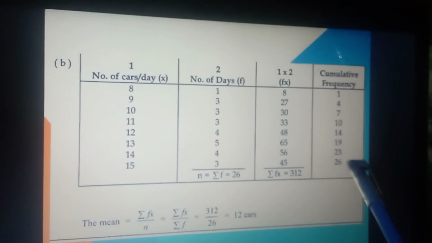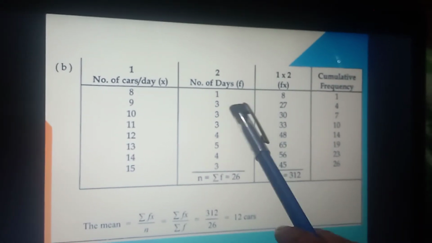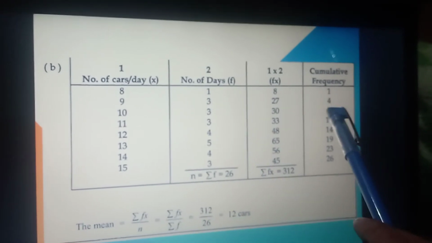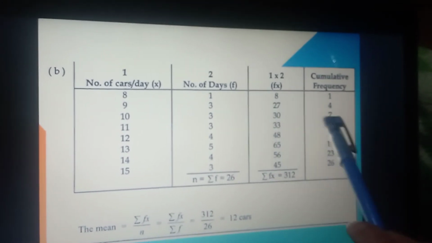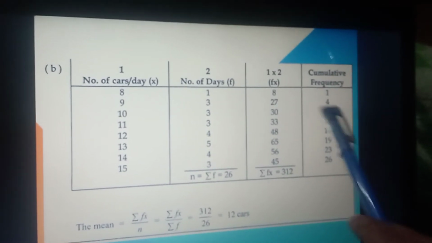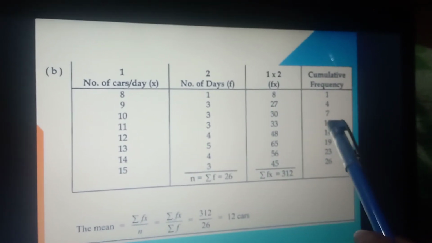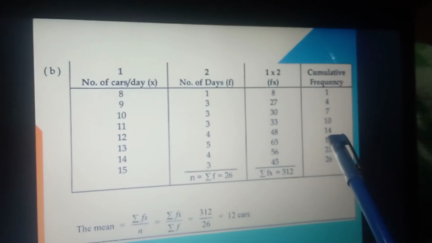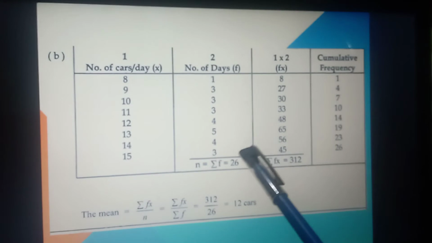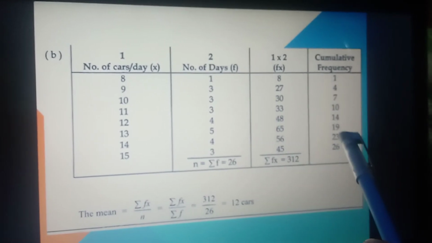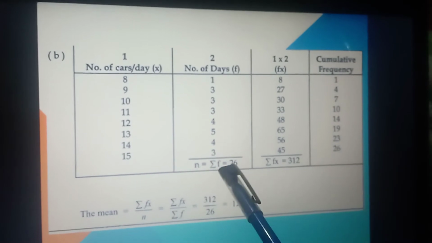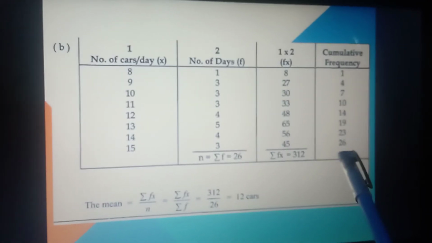In this column you add the frequencies one by one: 1, 1 plus 3 is 4, 4 plus 3 is 7, 7 plus 3 is 10, 10 plus 4 is 14, 14 plus 5 is 19, 19 plus 4 is 23, and 23 plus 3 gives the CF 26.